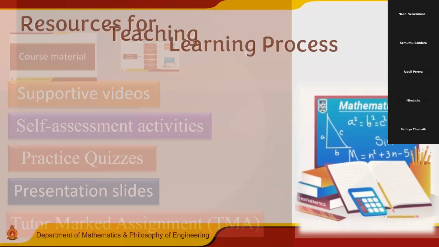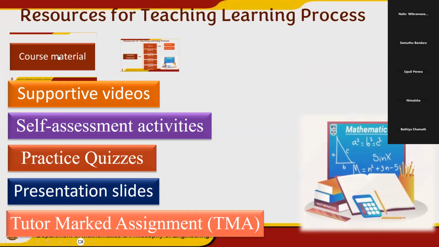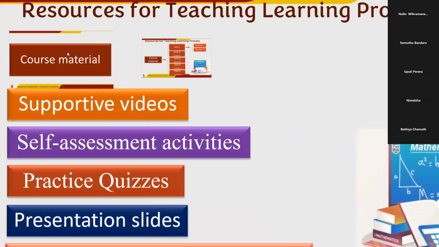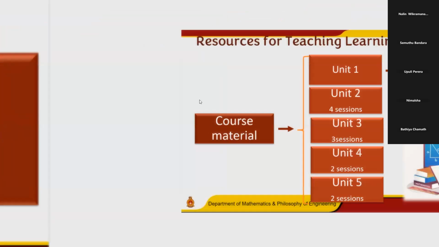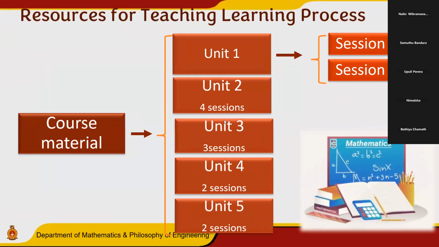Now, for this course, we are providing some resources for you. We provide the course material in printed format. It has 5 units. I'm not going to give details about the content of the units.